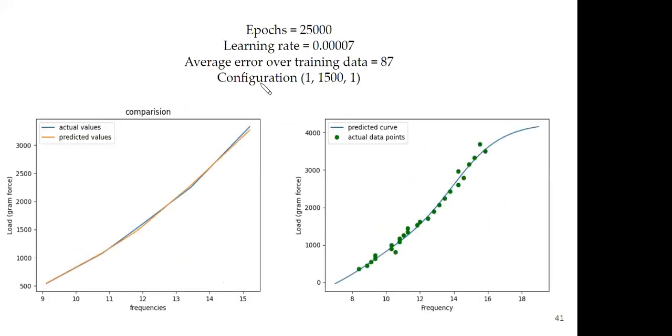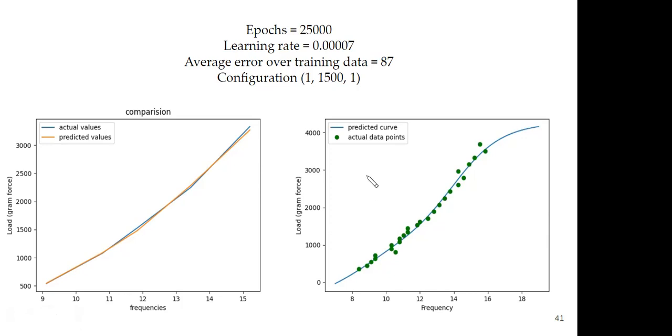So this is the setting of the neural network that I have used, and for that this is a comparison between actual values. For the test data set, actual values are represented with the blue line, and predicted values using this neural network are depicted with the orange line.